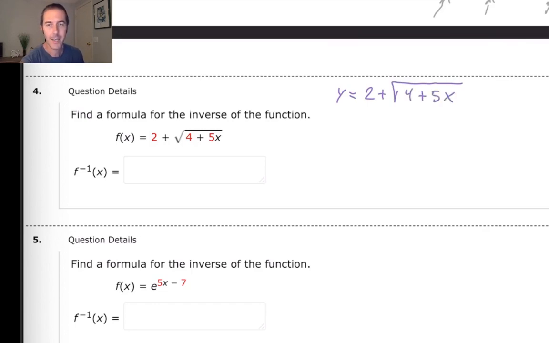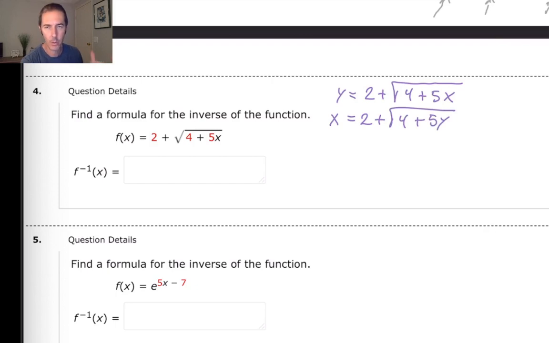Then I take the x and the y and I literally have them trade places as though they've stood up and walked over and sat down in each other's chairs. So I would rewrite this as x equals 2 plus the square root of 4 plus 5y. So you can see that they've traded places.